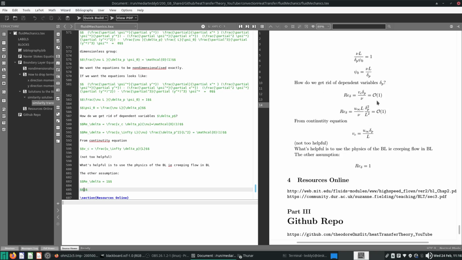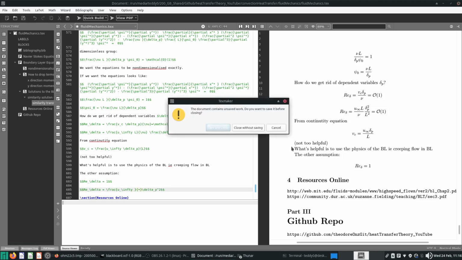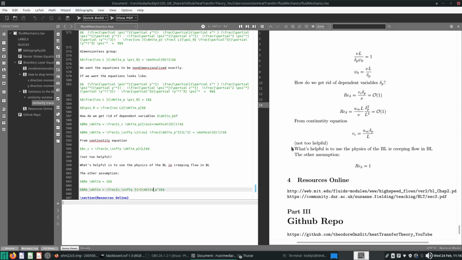Okay, so we make delta P the subject. Let's do Re delta equals U infinity delta P squared. I'll bring the delta P squared out, with U infinity, nu and L at the bottom, and that's how you get it.